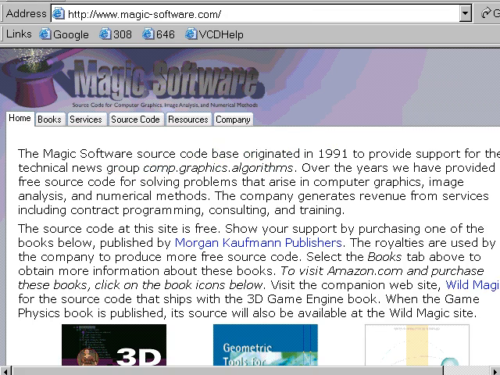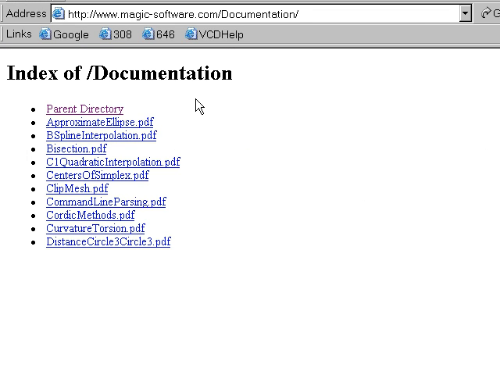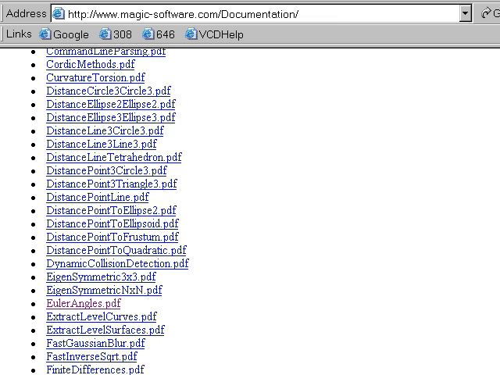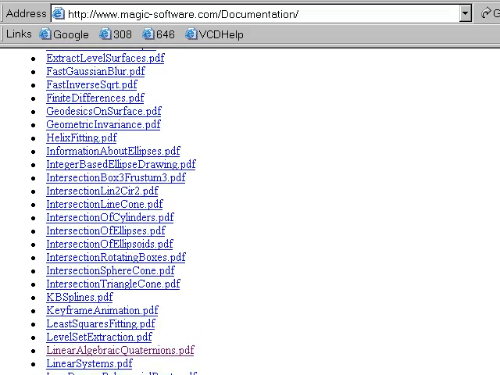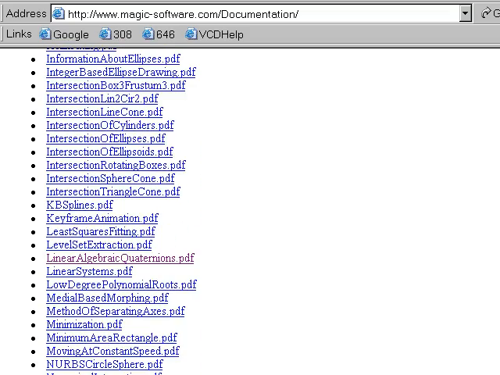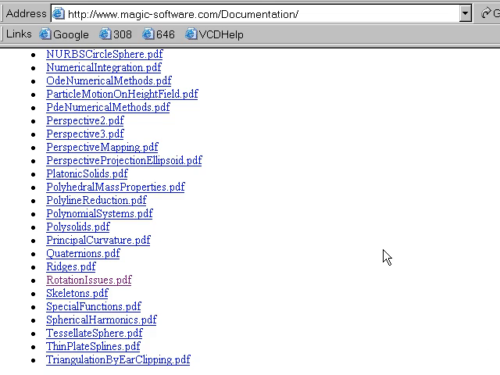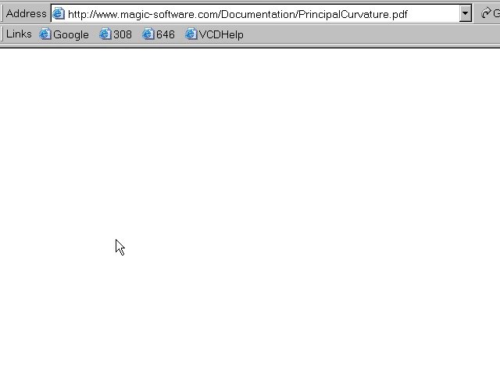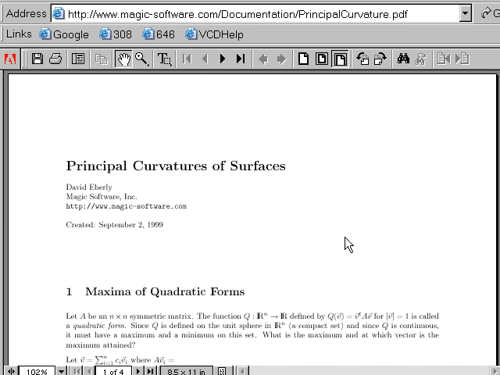Now there's a whole bunch of PDF files that were written by this one guy, Dave Eberly, no relation to Dave Eberly, who does graphics, that was a student of mine. But you can look at all these things. For example, the principal curvature PDF. There's a PDF file on how to calculate principal curvatures for a surface.